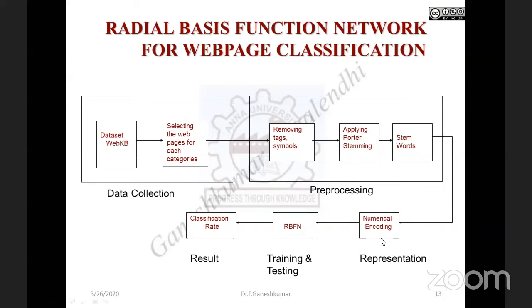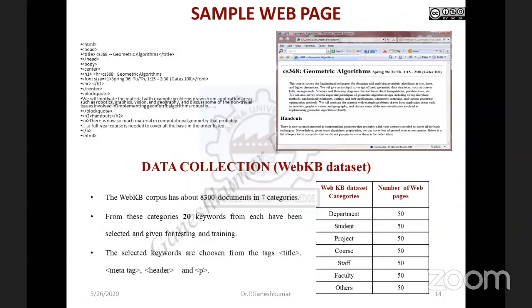After numerical encoding, the coded word is fed into the RBFN. Then the result has been taken with respect to classification rate. So this is one example that discusses web page classification with a radial basis function network.